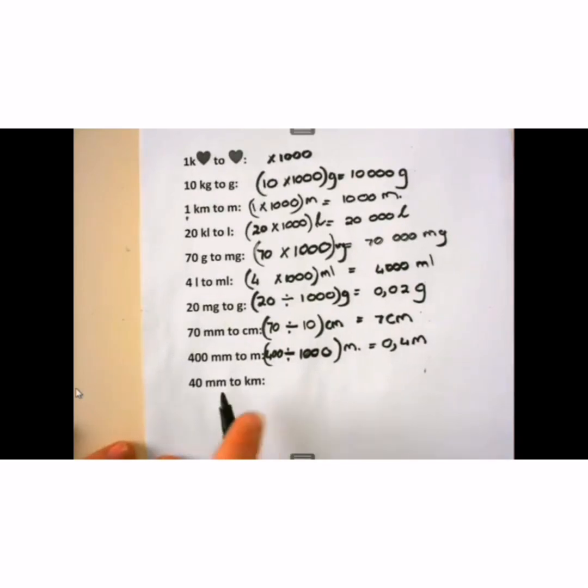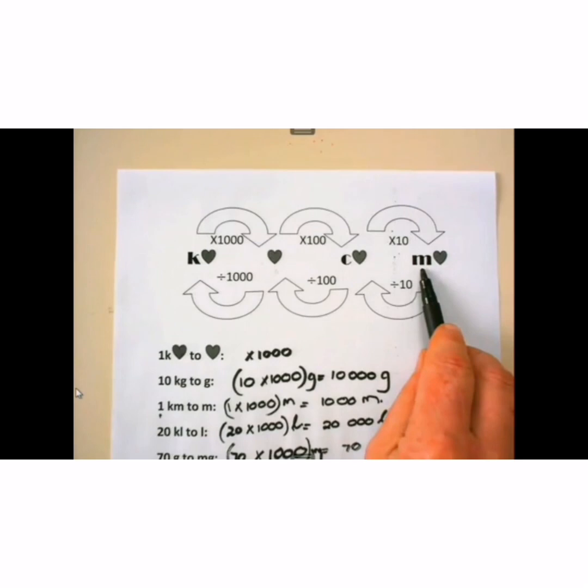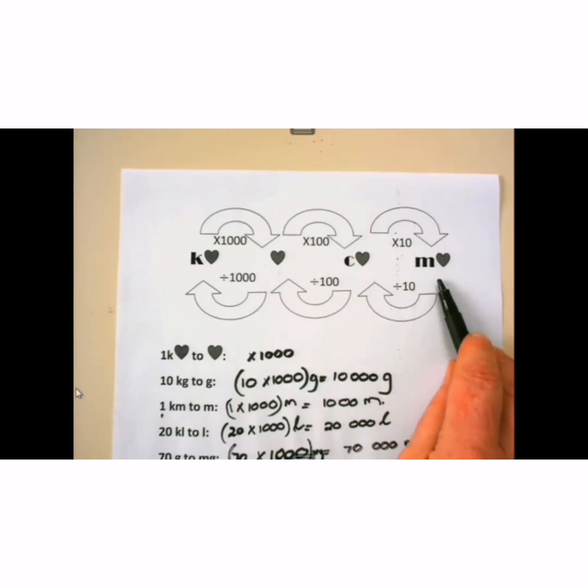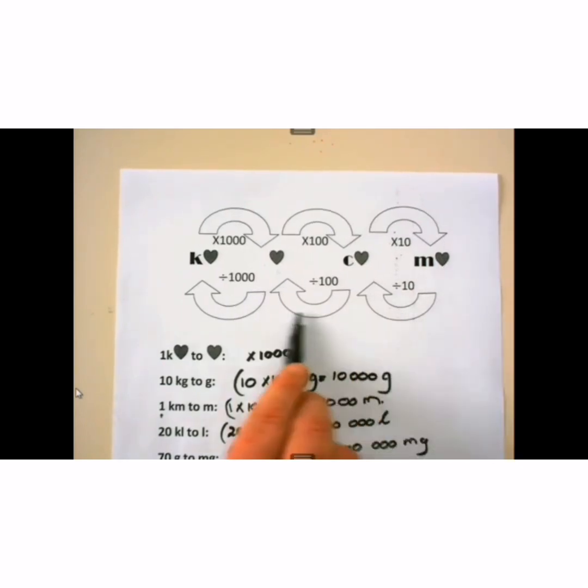Now the last one I'm going to show you is a very big leap. I'm going to leap from milli to kilo. I'm going to leap from millimeter to kilometer. I'm going to go all the way. Now, since I'm moving in this direction, you know I am dividing. With what am I dividing?